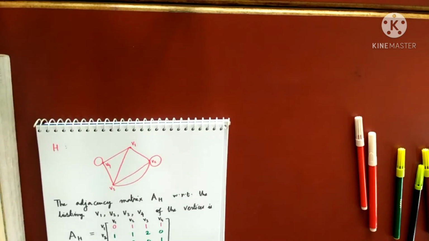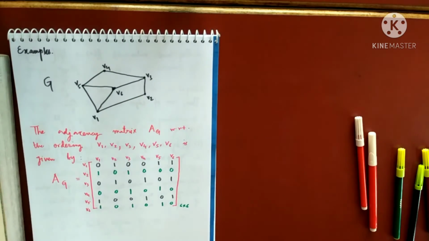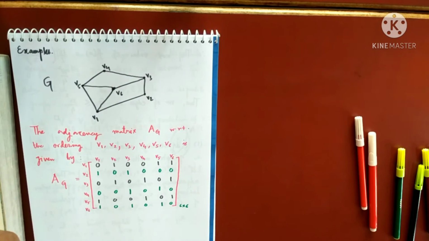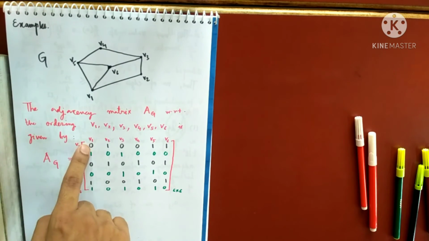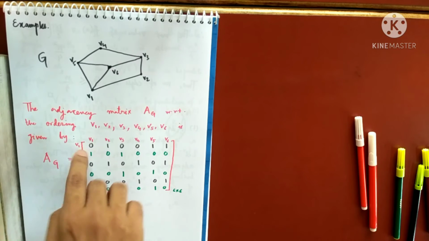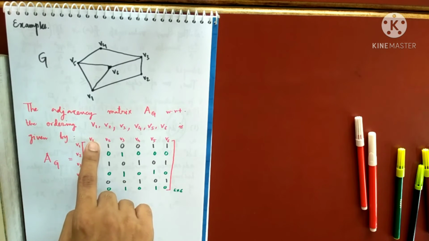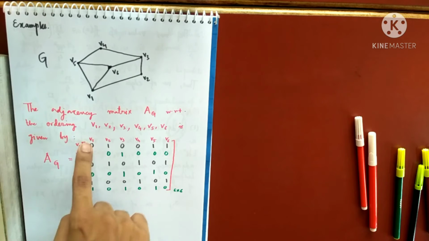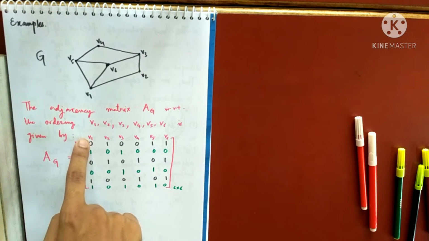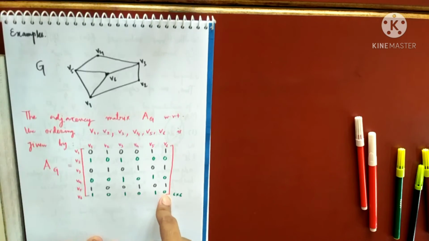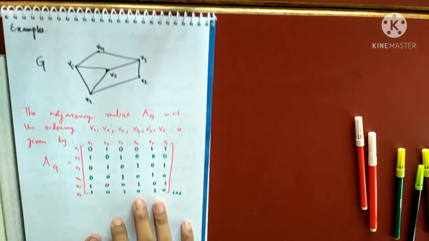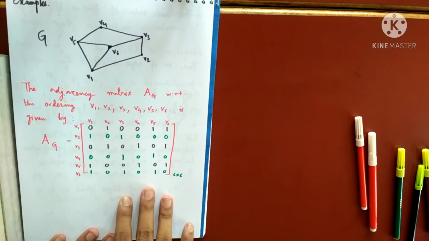Now a few more things that you should note here. If my graph has no loops, then the diagonal will be 0, because there are no edges from V1 to V1, no edges from V2 to V2. So when my graph has no loops, there will be 0 in the diagonal. And if there are no parallel edges, then all the entries will be 0 or 1.